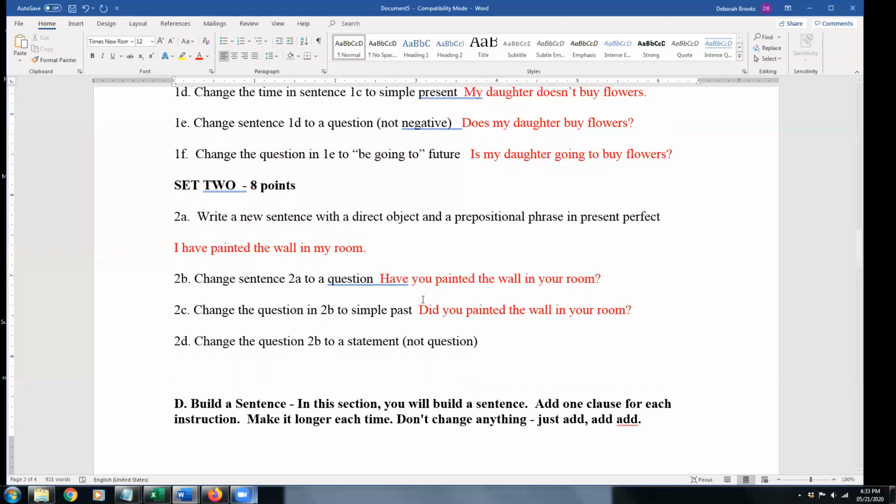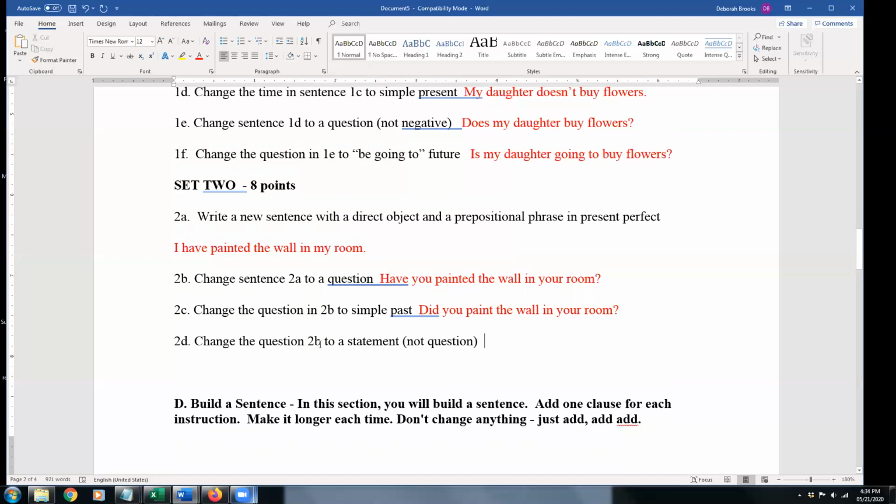So we change the helping verb and then fix the verb form, right? So when you're changing a question, you change the helping verb from does to is, and then you have to change the form. After do, base form. After be, ing. So have you painted? Did you paint?